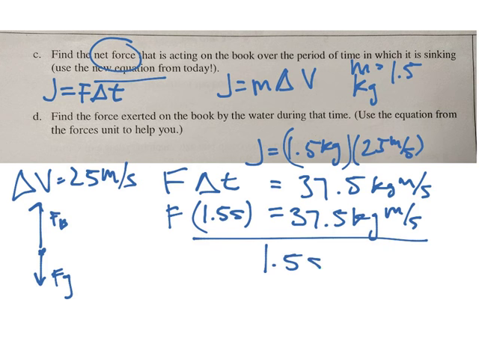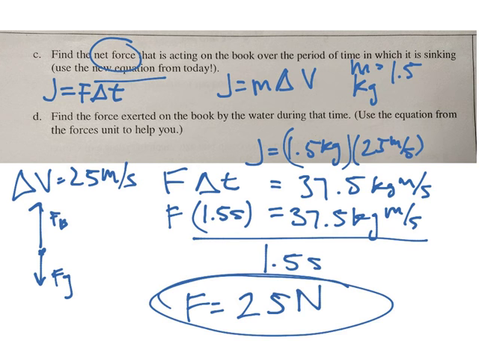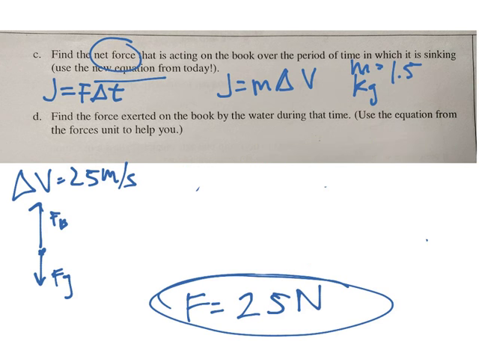Divide by 1.5 seconds on both sides. And our force ends up being 25 newtons. So the net force between the gravity and the buoyancy. Alright, so you know that the total sum of all forces in the y direction equals 25 newtons.